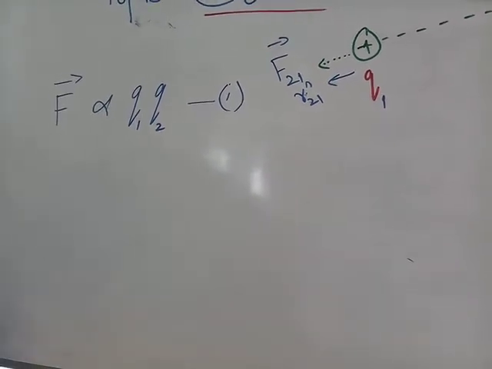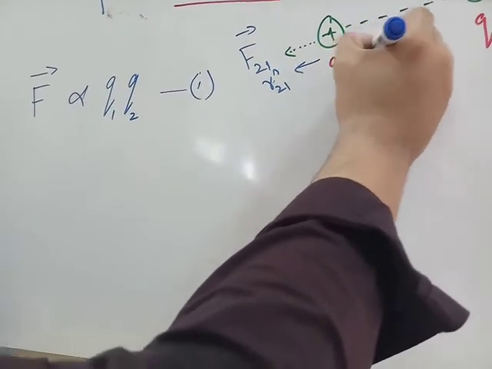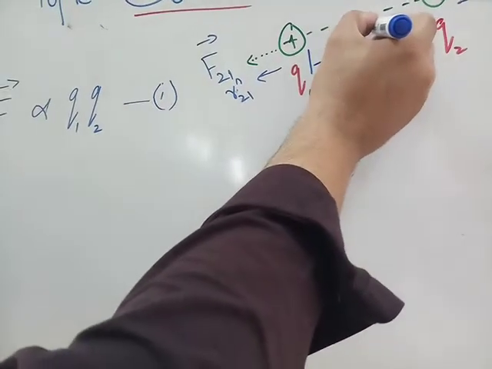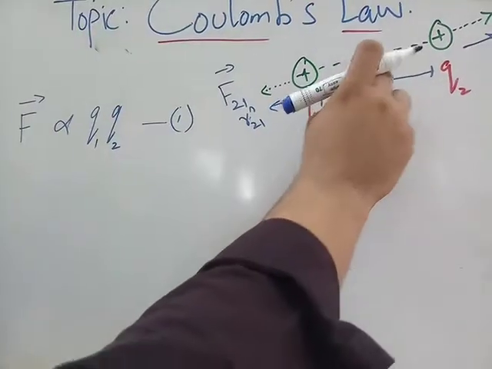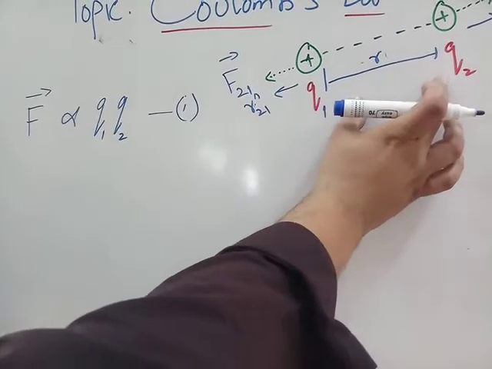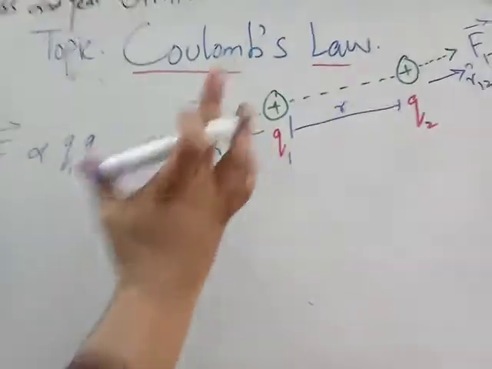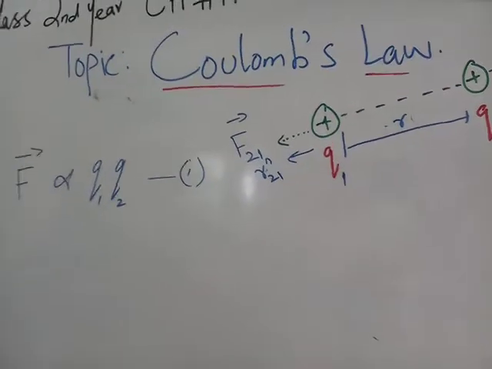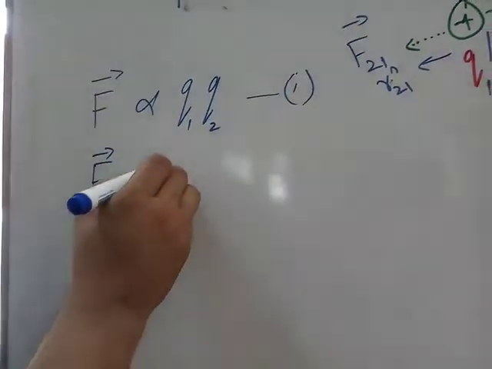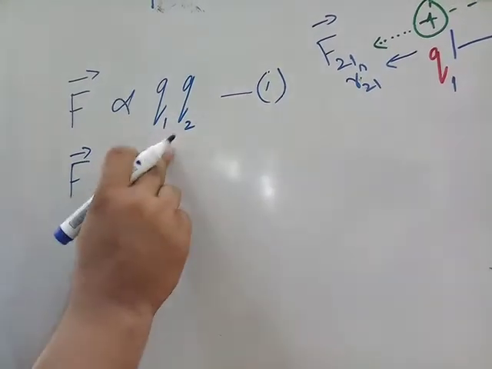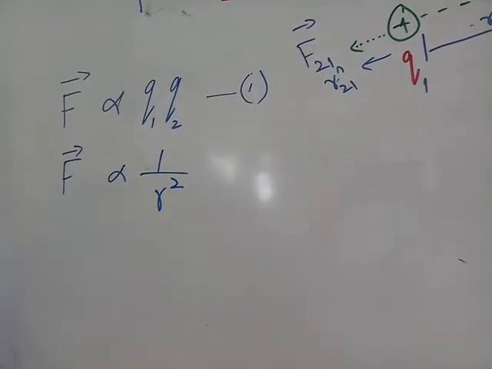He also said that if the distance between these two charges, which we denote by r, is large, the force is small, and if the distance is small, the force is large. This force is attractive or repulsive. So he said that the force of attraction or repulsion between two charges is inversely proportional to the square of the distance between them.